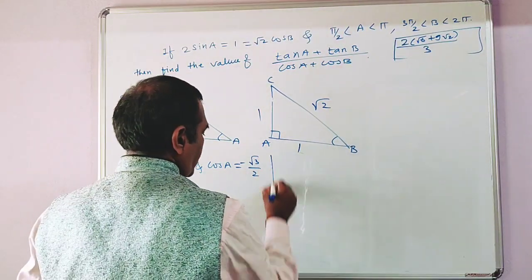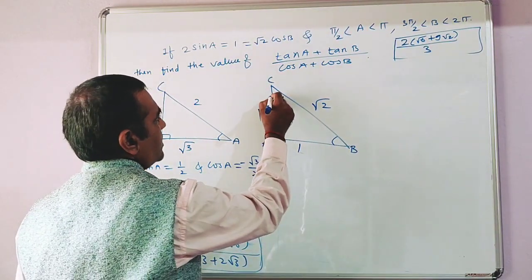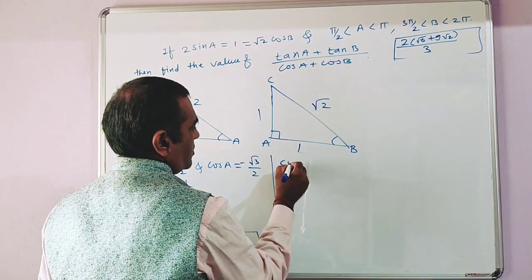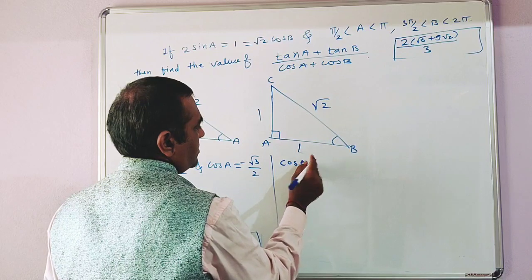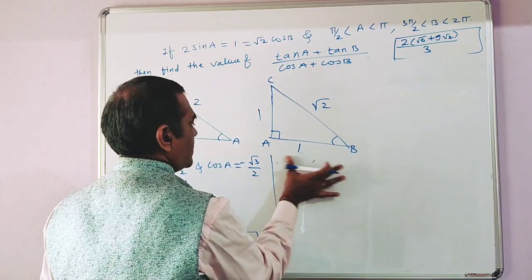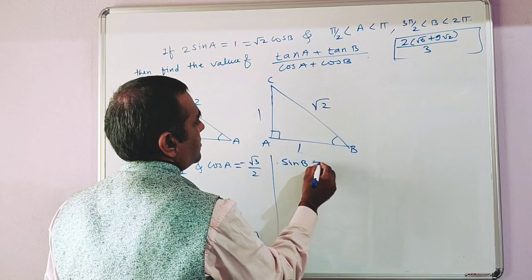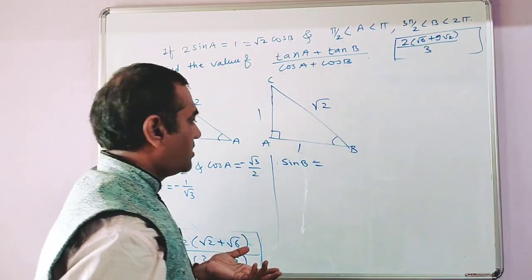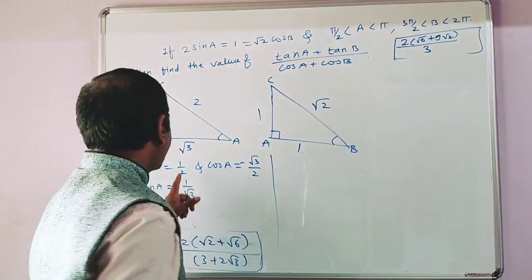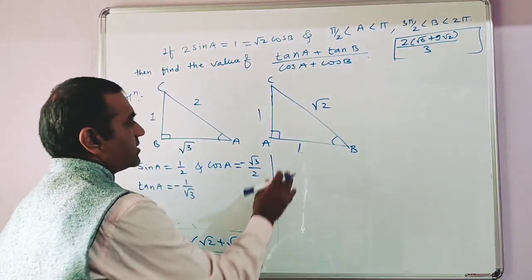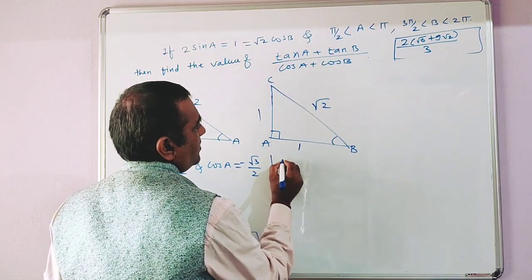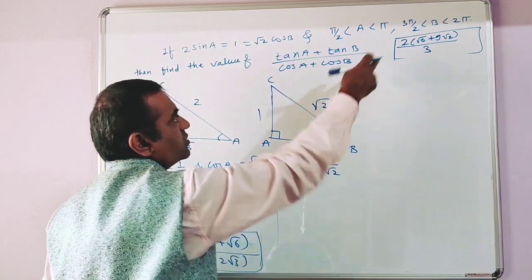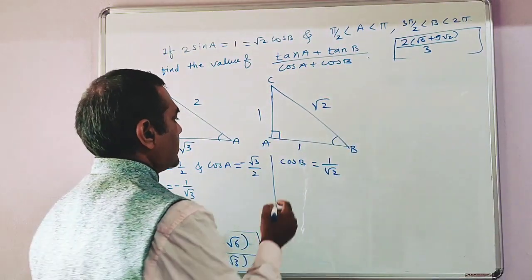Then see, what about this? We want here tan B, cos A, cos B, so no need to write down sin B and all. That's why we have to write this. Now, what will be cos B? Cos B is equal to 1 by root 2, which is positive because B lies in the fourth quadrant.